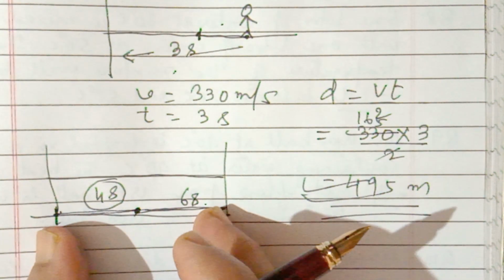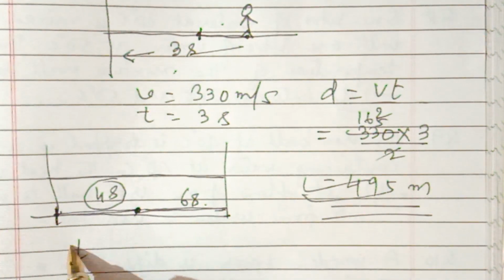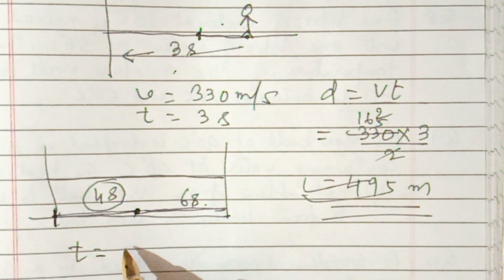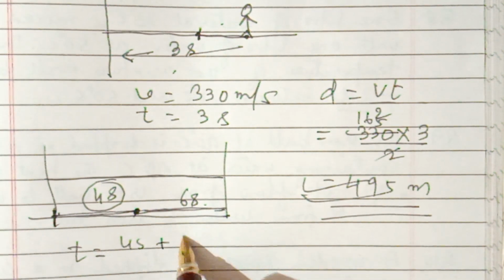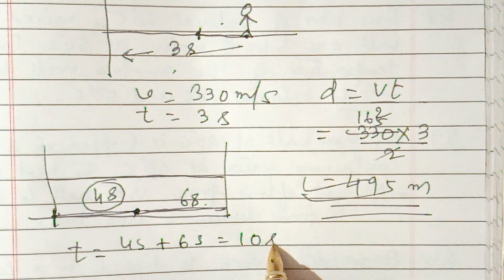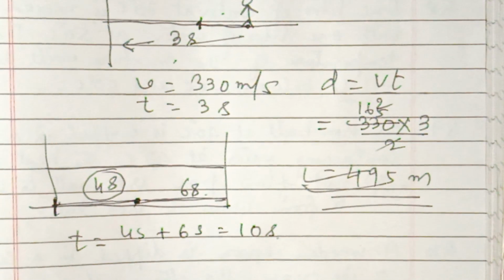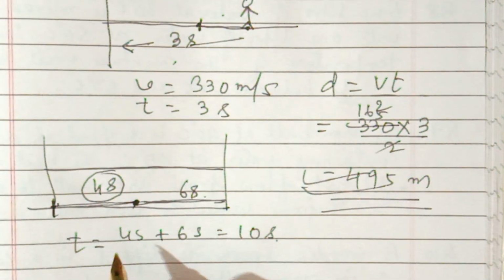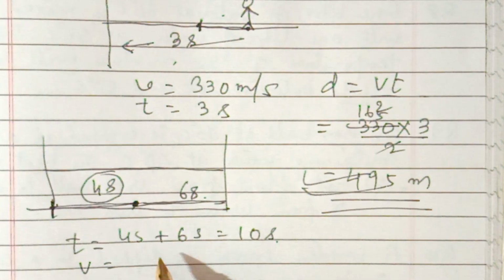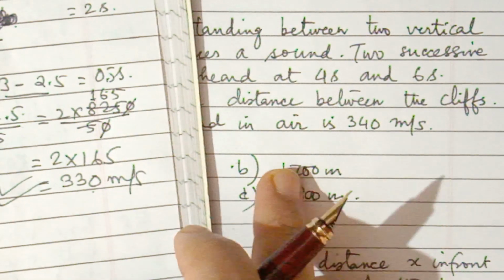And we'll add these. That's why we can add time, because speed is the same. So the time for covering both sides is 4 seconds plus 6 seconds, so 10 seconds. Because we have to add these distances, you can add time and solve. So how much is the velocity given? 340 meter per second.